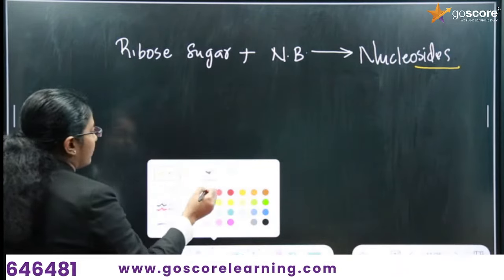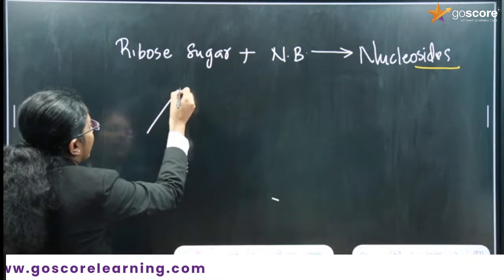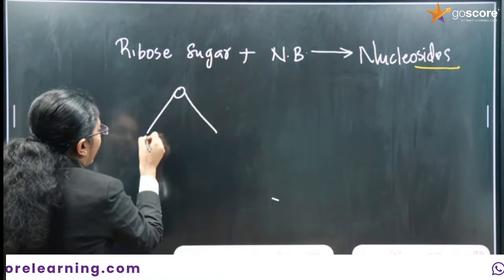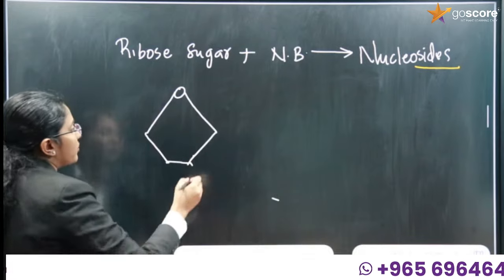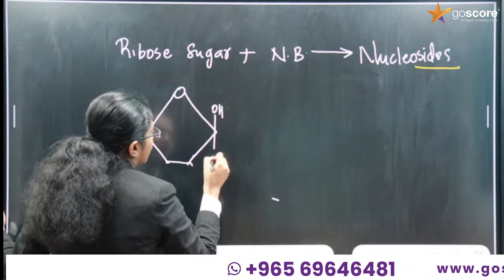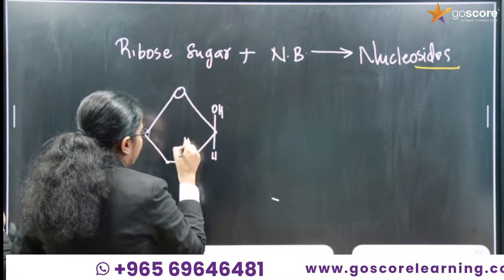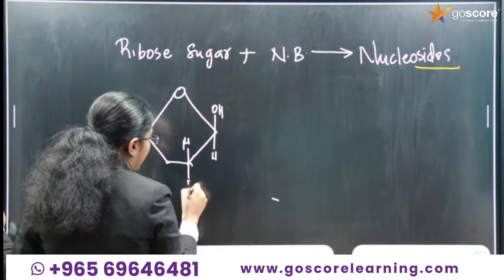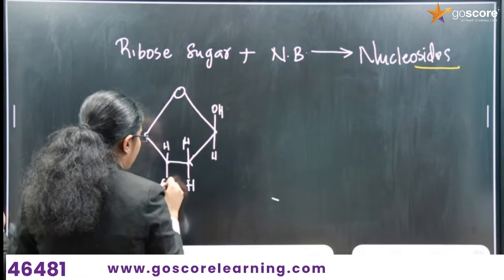So let's draw the structure of the sugar here. This is a ribose sugar. In the first position OH is present, then H, then HOH, another H, then HOH.